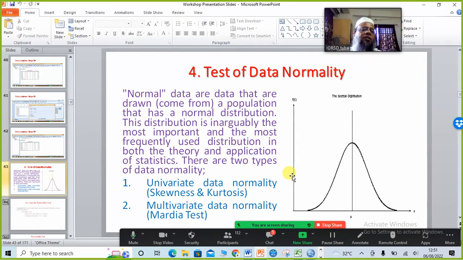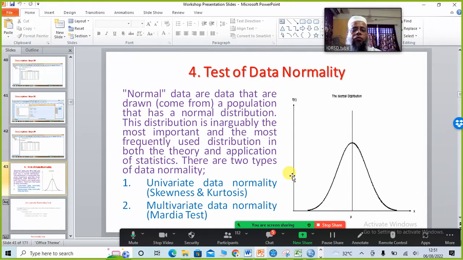Multivariate normality can be checked by the Mardia test. However, SPSS does not support multivariate data normality. We have other software on the internet that we can use for multivariate data normality.